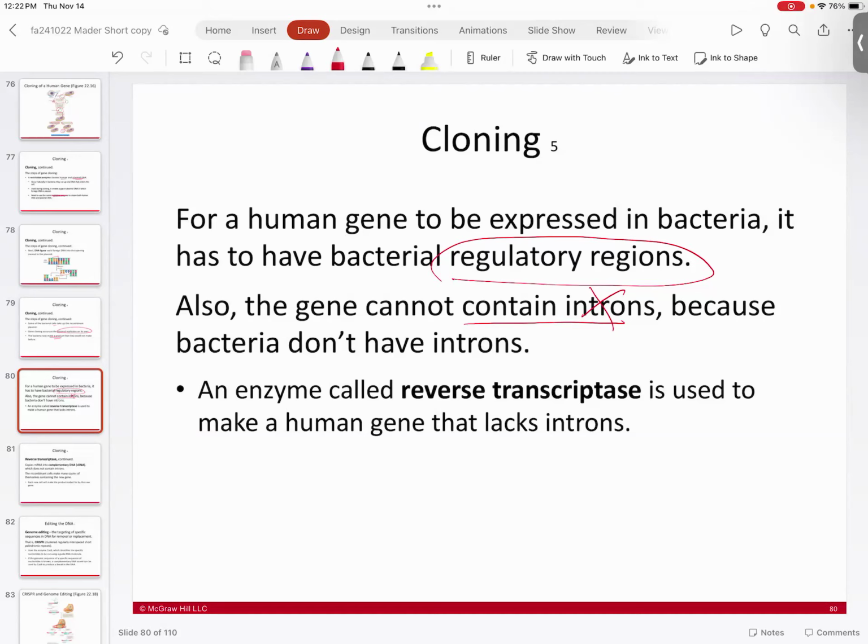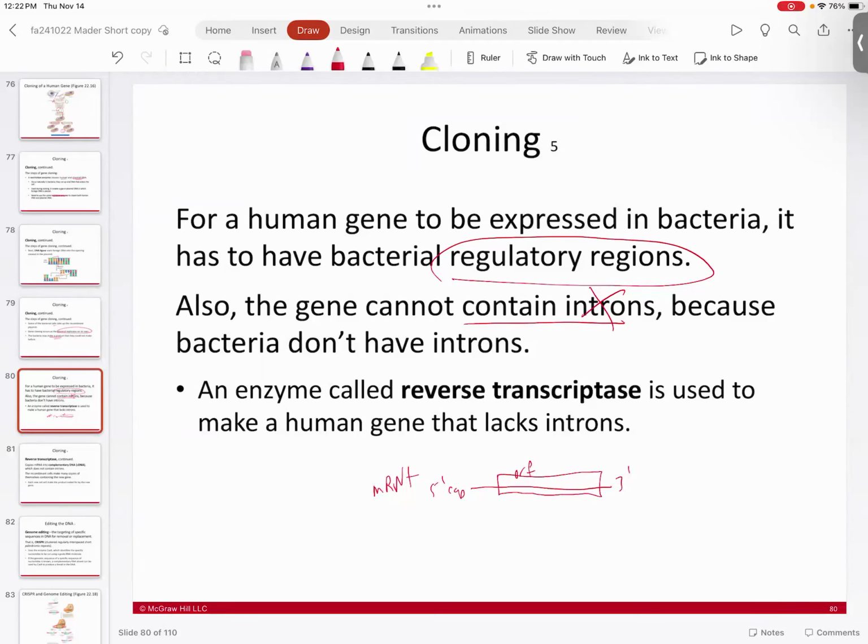And so in order to get rid of these, we do what's called cDNA production. We oftentimes will use reverse transcriptase to make a gene that lacks introns. So for instance, if we have an mRNA of our gene, remember, our mRNA is going to have our 5' cap. It's going to have our open reading frame, that's a continuous reading frame with a start and a stop.